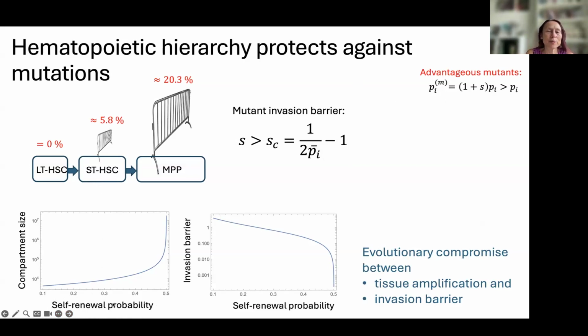This self-renewal probability is an important parameter that is responsible for the size of this compartment. If they don't self-renew very much, this will be a small compartment. Not self-renewing means that every time they divide, they go here, right? So the less the self-renewal probability, the tinier this compartment. So as a function of self-renewal probability, the size of this compartment increases.